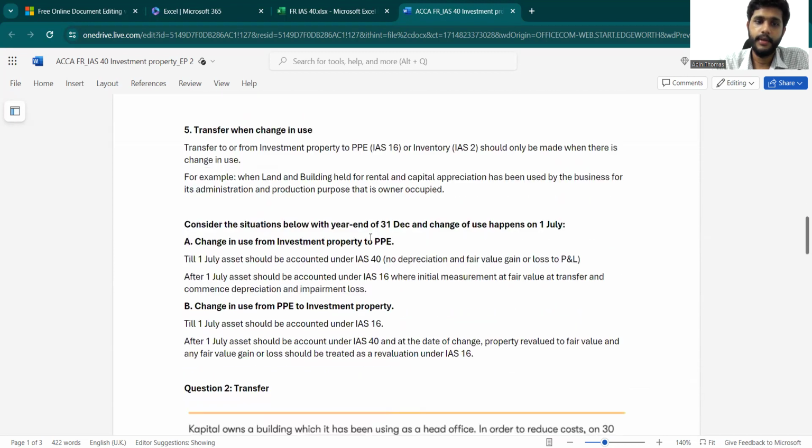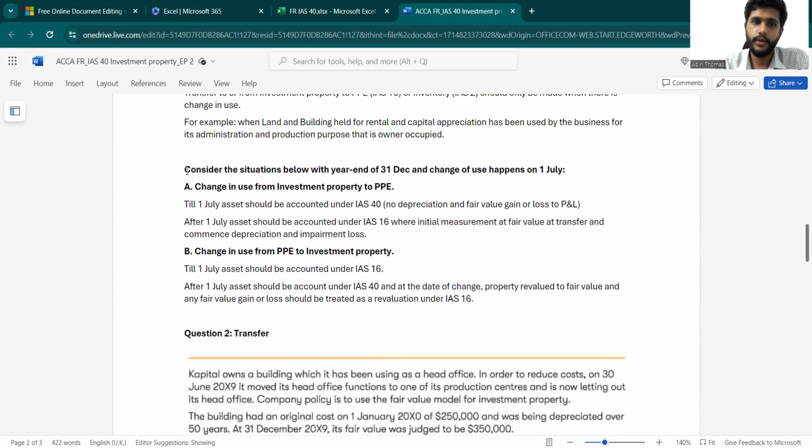Okay. Then we came to the last topic, that is the accounting treatment of the transfer when there is a change in use, that is from IAS 16 to IAS 40 or IAS 40 to 16. And we have seen two different scenarios of the change in use.